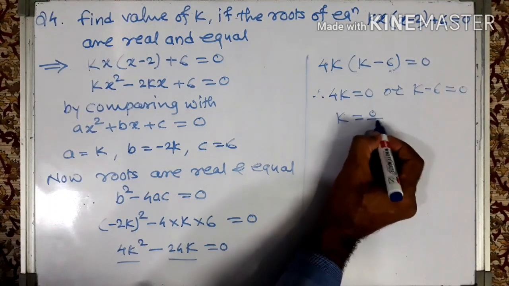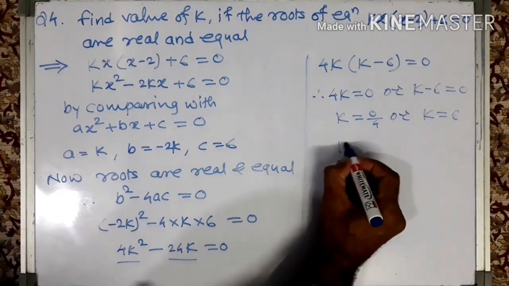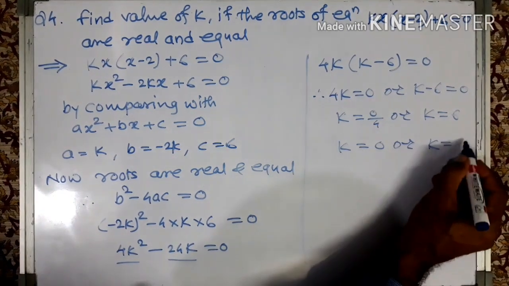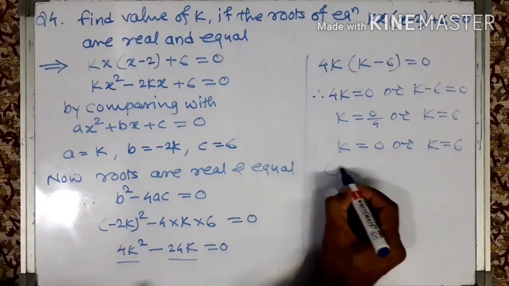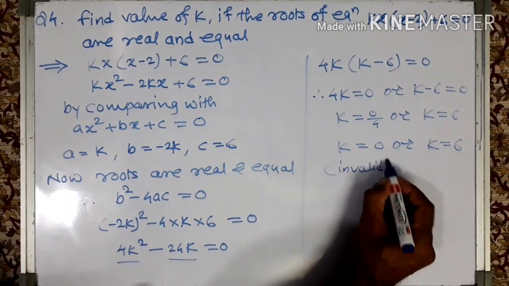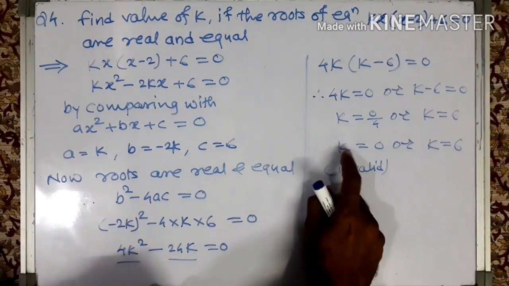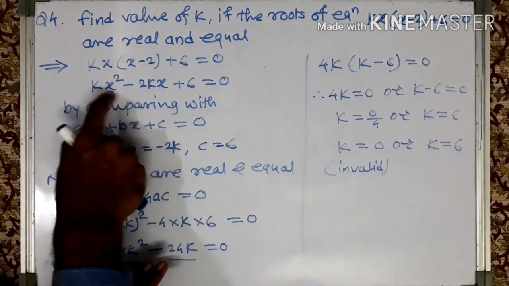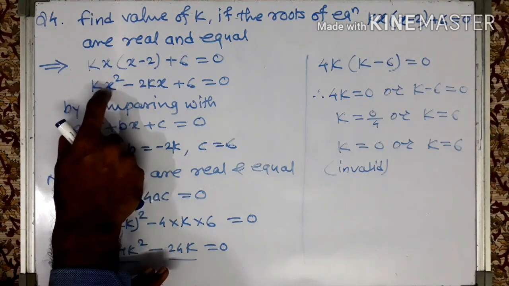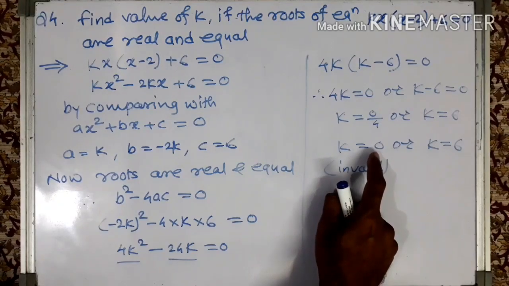Value of k is 0 upon 4, or value of k is 6. Value of k is 0 or k equals 6. This value is invalid because when we take value of k as 0, the quadratic term becomes 0, so we cannot take the value of k as 0.